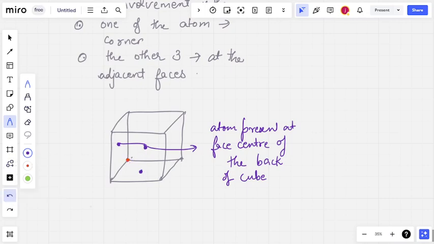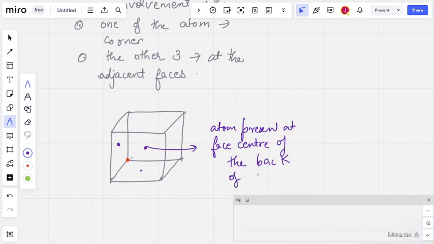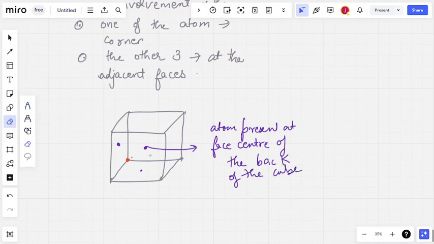Let's draw it clearly at the back of the cube. So this is the tetrahedral void.